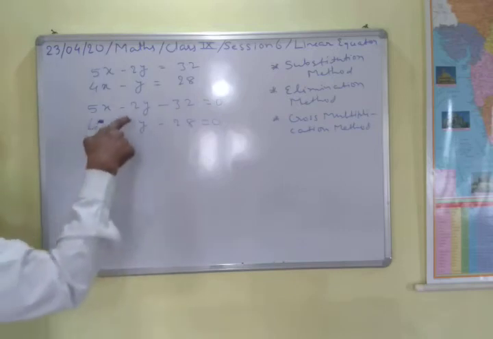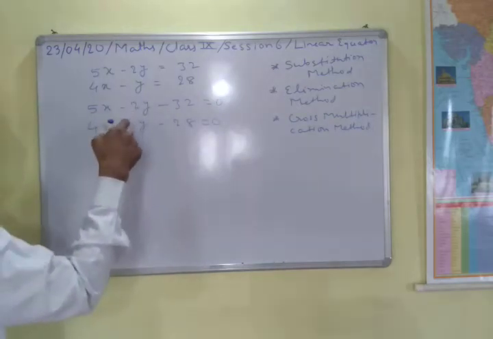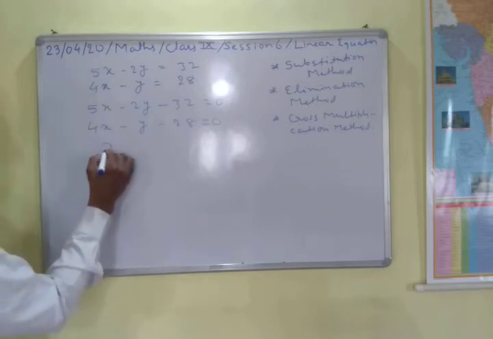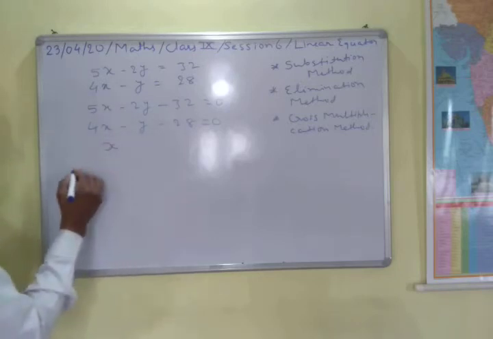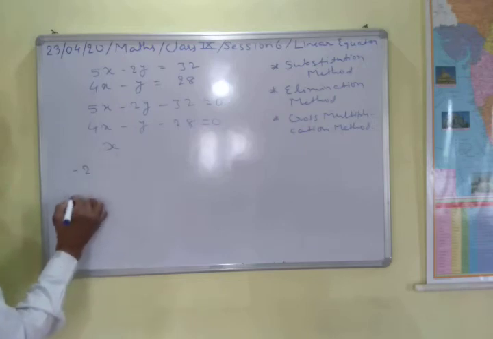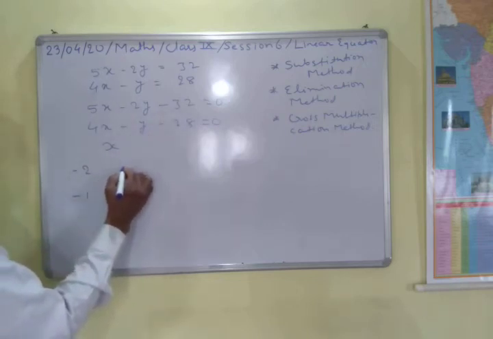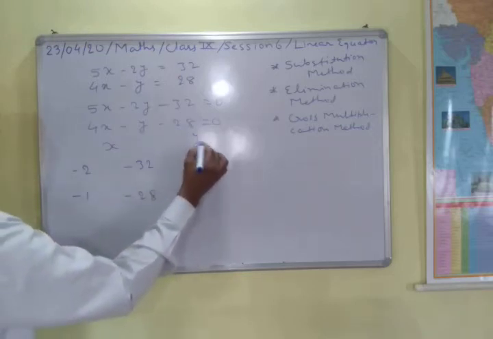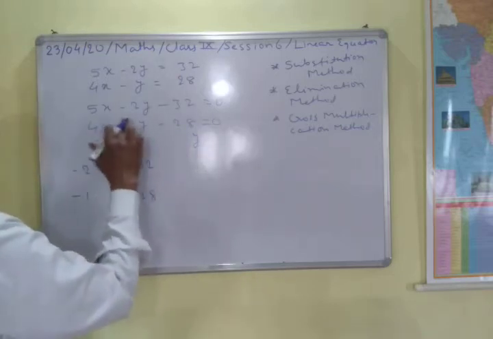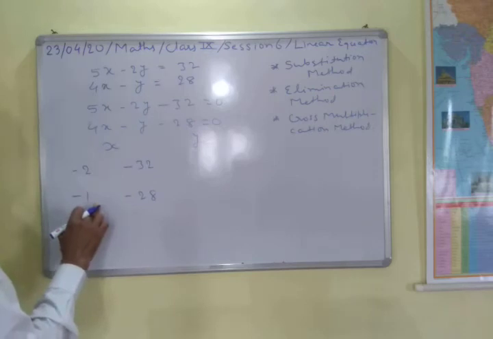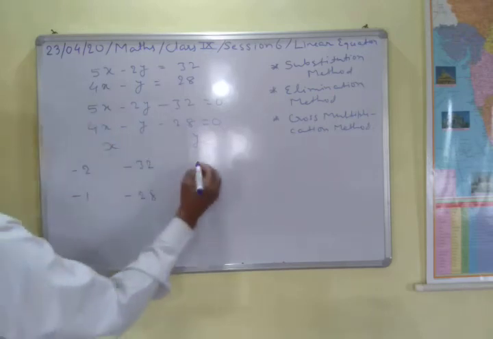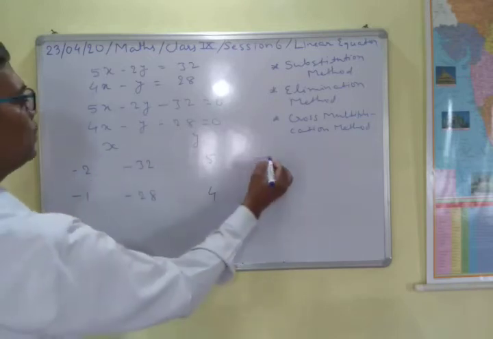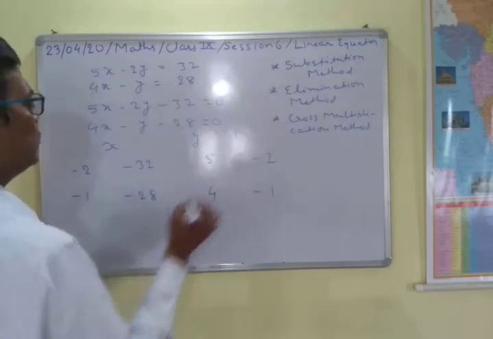So here the coefficients are b1 b2, c1 c2, a1 a2. First write x and b1 b2, that is minus 2 minus 1, and then minus 32 minus 28, then y, write b1 b2 c1 c2 a1 a2, 5 4, and then again b1 b2, minus 2 minus 1, this is 1 here.